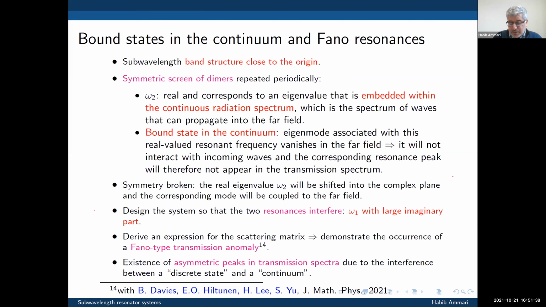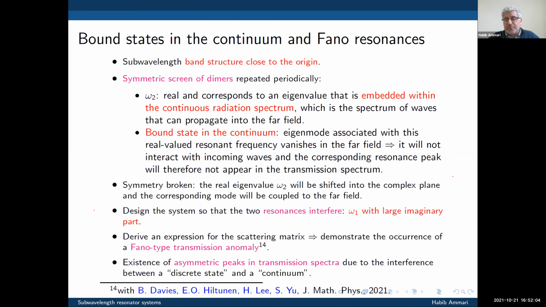Heizeng and Johnson Lin did great work for other periodic structures, and we did it here for subwavelength resonators. So you take a screen of dimers repeated periodically, then you can prove in the periodic case that there exists a frequency which is embedded within the continuous radiation spectrum, which is the spectrum of waves.